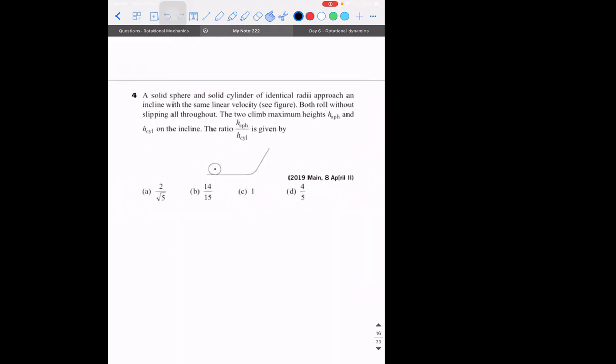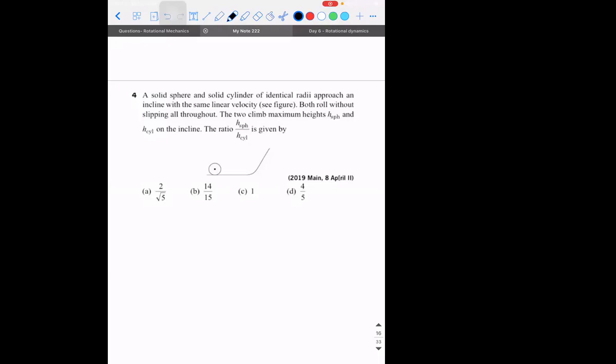A solid sphere and a solid cylinder of identical radii approach an incline with the same linear velocity. Both roll without slipping all throughout. The two climb a maximum height h of sphere and h of cylinder on the incline. The ratio of h of sphere and h of cylinder is given by.